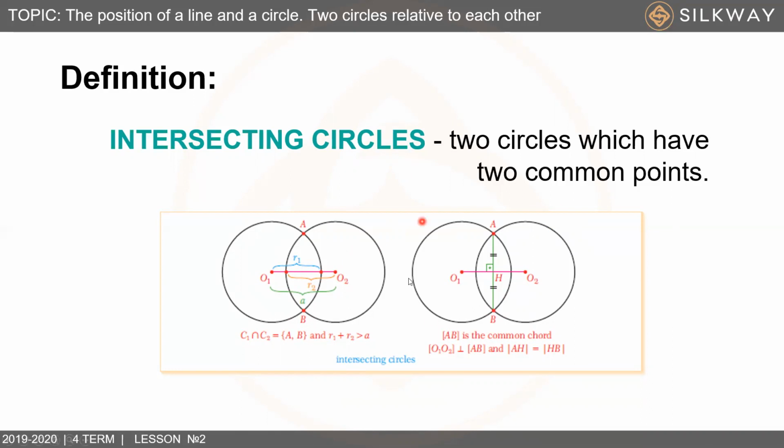In the second figure, we can see 2 intersecting points, and AB is the common chord. If O1O2 is perpendicular to AB, then we can say AH is equal to HB.